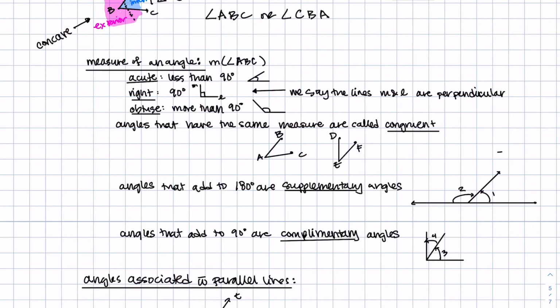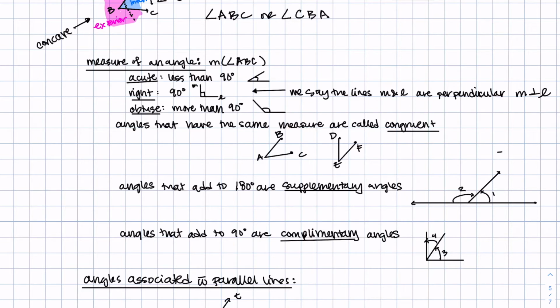We call it right if it is 90 degrees exactly. So in this case, my two line segments M and L are perpendicular. And another way to write that two line segments are perpendicular is using this notation.